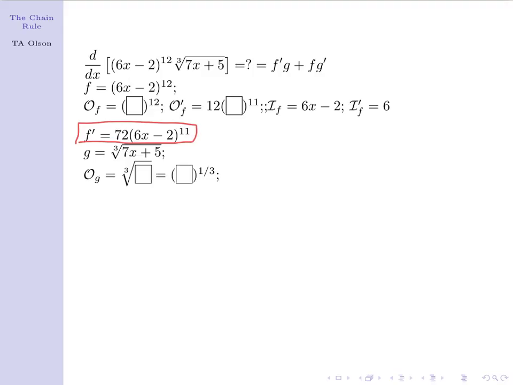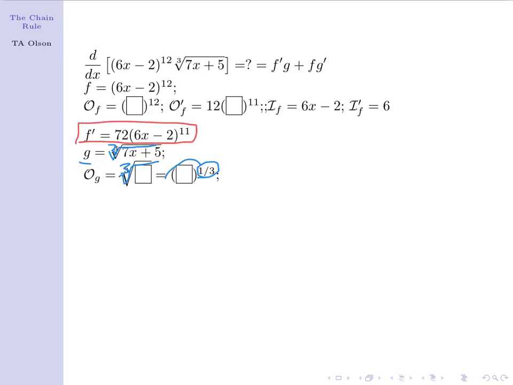All right, now let's look at g. Well, g is the cubed root of 7x plus 5, right? Our outside function is this cubed root. It's the piece on the outside. Now, if you remember back to power rules, the cubed root has a power of 1/3. And we know that the derivative power rule works on these fractional exponents as well.